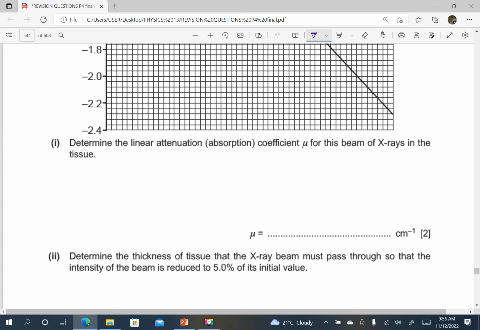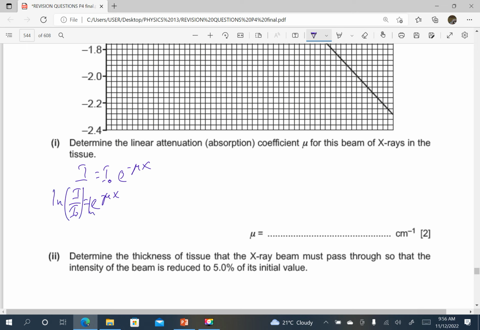Remember, I naught is the initial intensity, and the intensity transmitted I is equal to I naught e power negative mu x. So I over I naught is equal to e power negative mu x. Introduce ln on both sides.